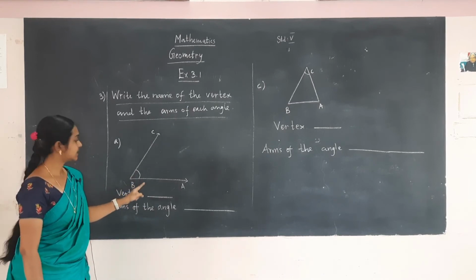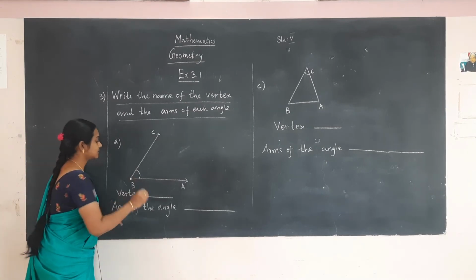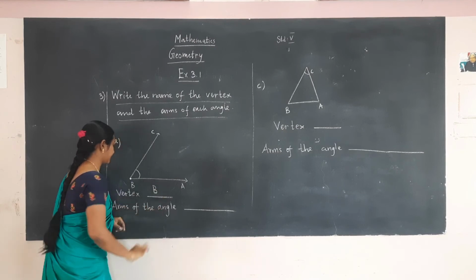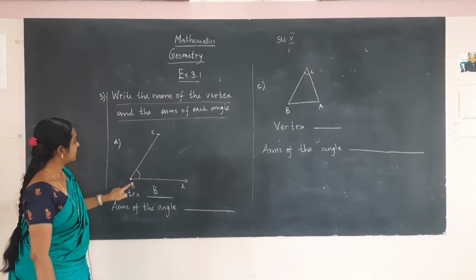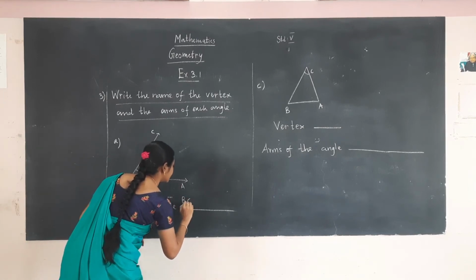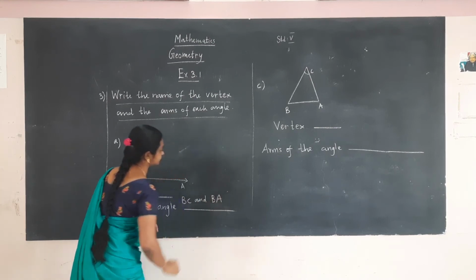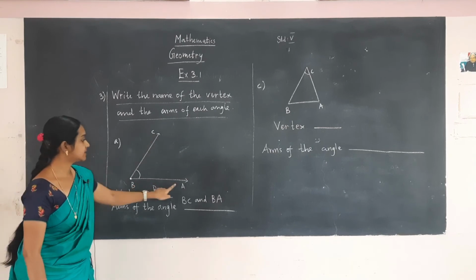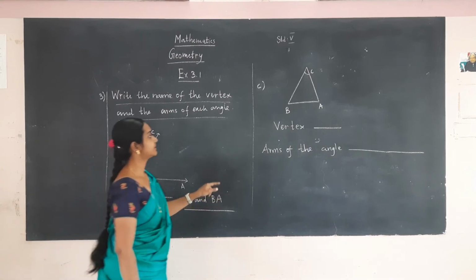Here the angle is formed in B. So the vertex is B. Arms of the angle is BC and BA. BC is an arm, BA is another arm. So the arms are BC and BA.